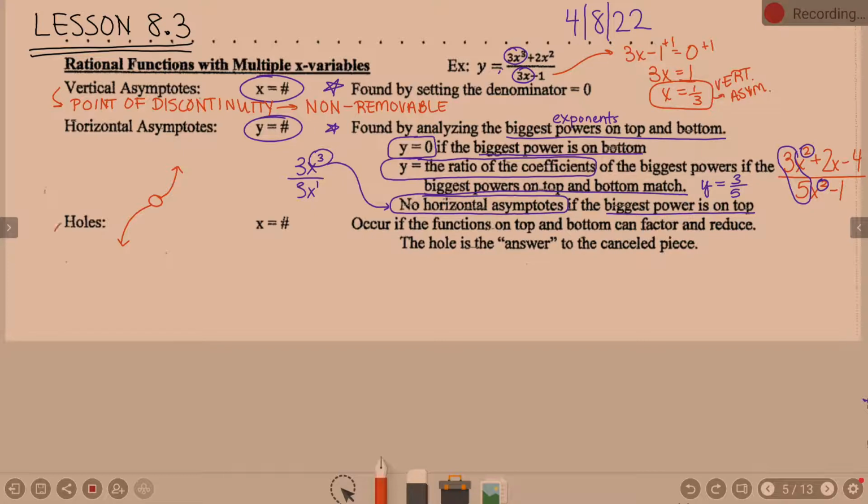A hole is also an example of a point of discontinuity. Okay, holes are an example of a point of discontinuity also, except they are what we call removable.